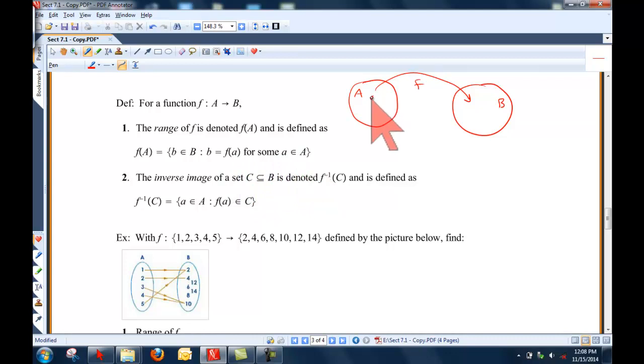So over here, here's an input, here's an input, here's an input in the domain. And maybe this maps over here, and this maps over here, and this maps over here.